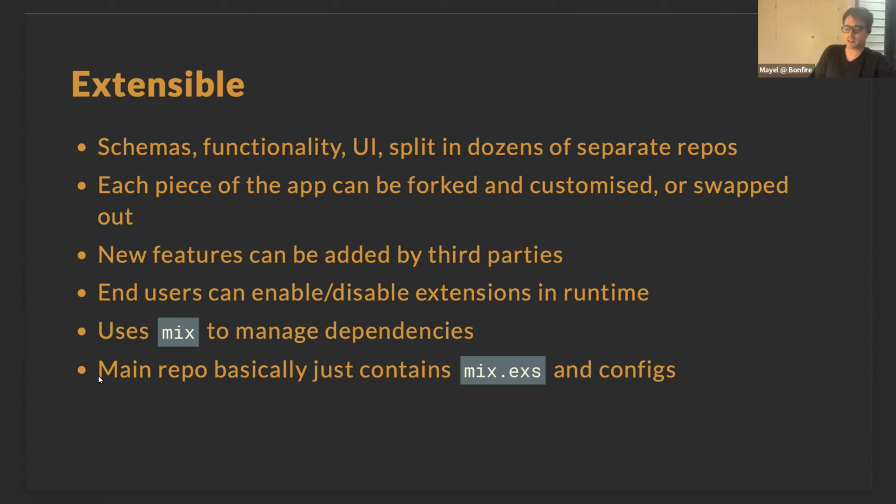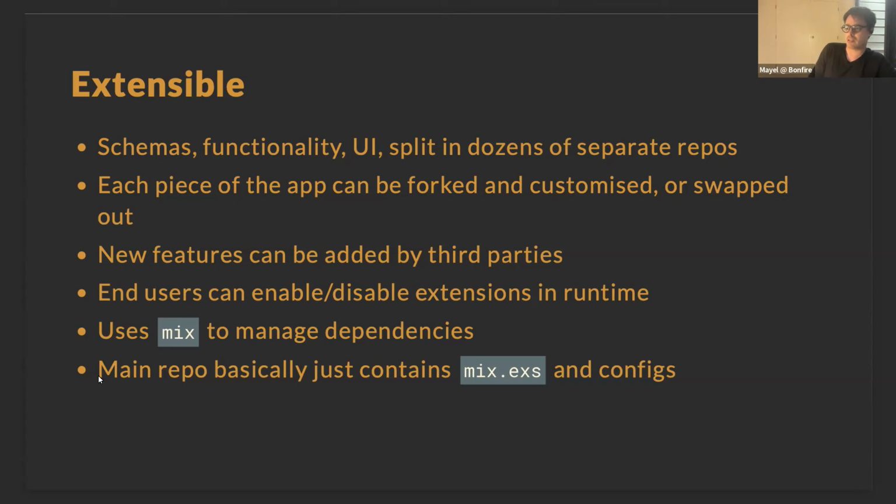Like building blocks that you're then going to use to create your application logic or your UI. For Bonfire, we use the same principles, but for the whole app. So for data schemas, for functionality, for UI, everything is in a package, in a library, so to speak. We'll call them extensions just to differentiate.